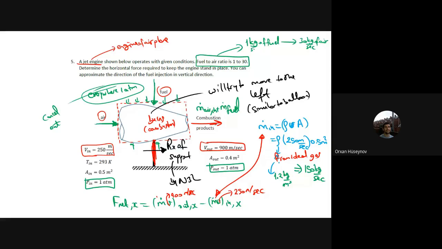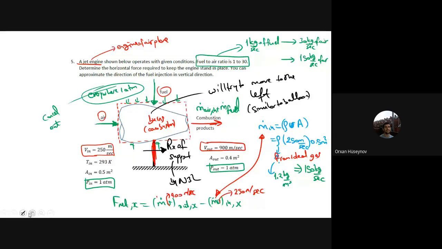1 kilogram per second of fuel means that you should have 30 kilograms of air. In our question, at inlet, you have 150 kilograms of air. This is in our question.